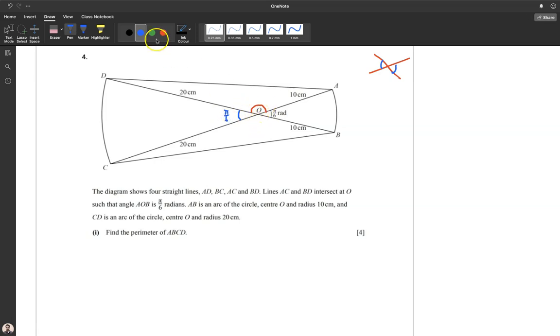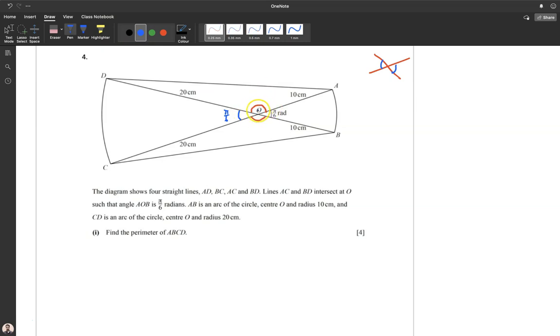And these 2 angles must also be the same. That also means that this triangle and this triangle are the same size and identical. Anyway, my journey right now is to try and find out what angle this is.